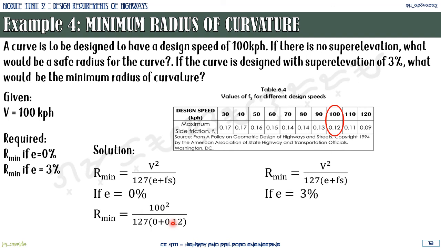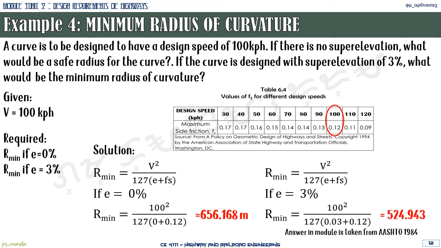If we have e equal to 3%, then our R min is equal to 100 squared divided by 127 times (0.03 plus 0.12), which will give us an answer of 524.93. Again, this answer will be different in the module, as the module is using AASHTO 1984.